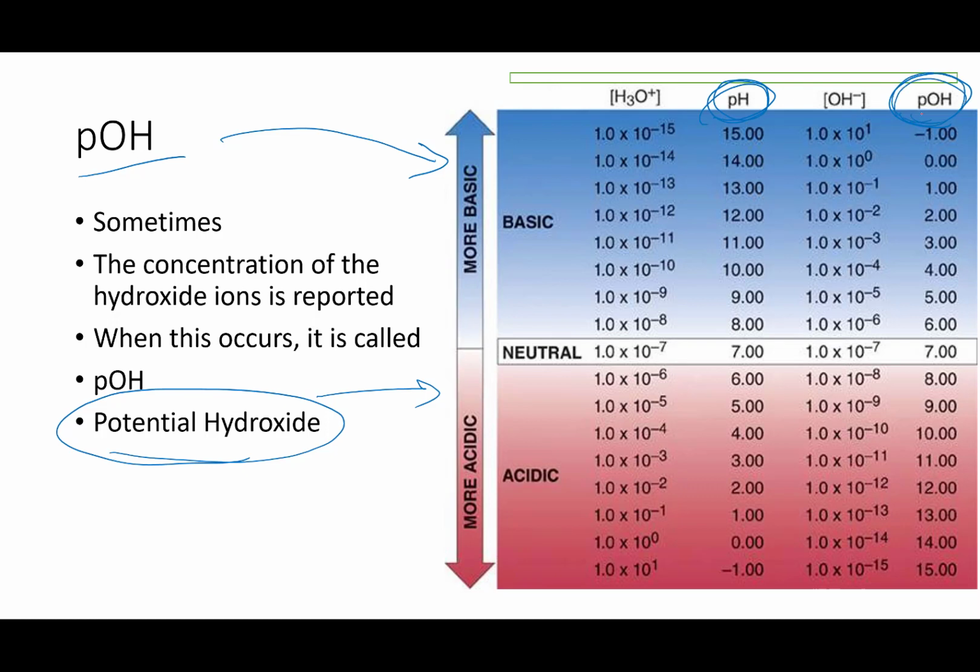Just wanted to mention it because you will see it on assorted charts and graphs. It is basing the concentration on those hydroxide ions, those OH negatives, instead of basing it on the hydronium ions. Chemists look at a variety of different things, and you will see that once in a while, so I wanted it not to be a surprise.